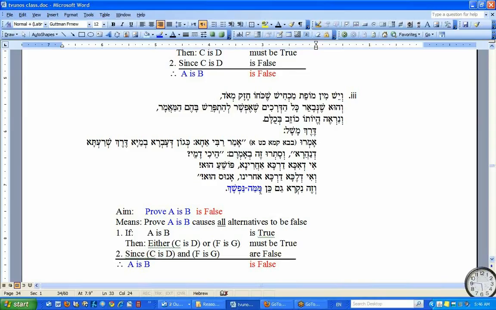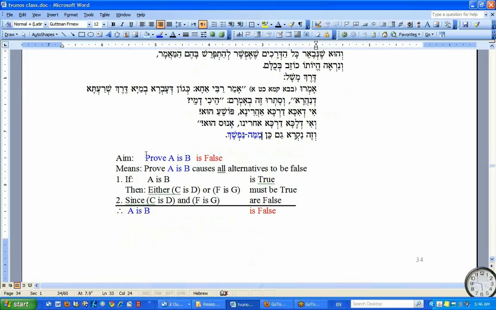So it's really a variation on what we did before. You take a Hekesh Tolui, if A then B, and you just show that no matter which way you turn, you're going to end up with a false result. So I did it here in mathematical terms. Your aim is to produce A is false.